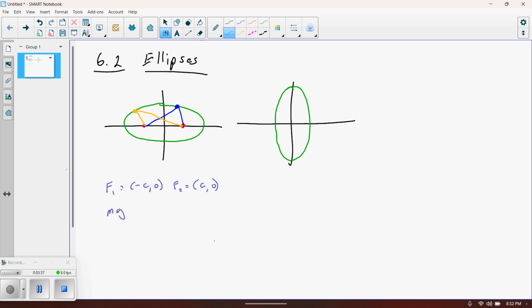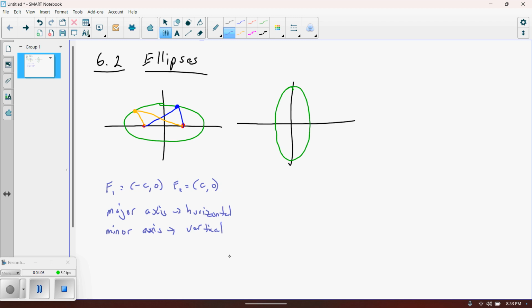The major axis in this case is the horizontal axis, along the x-axis. And then you have a minor axis, which is the one with the smaller stretch, and in this case that is the vertical.